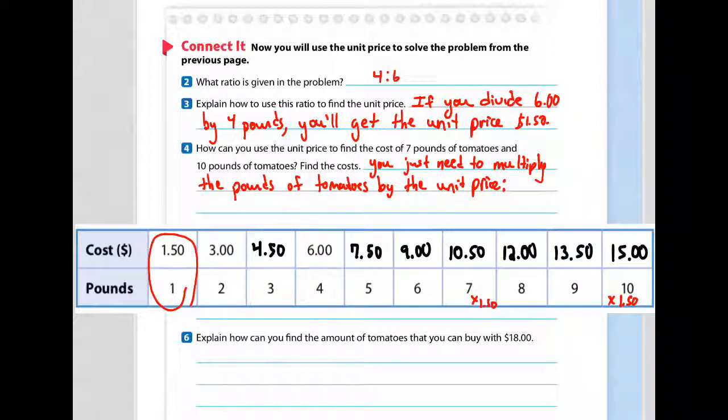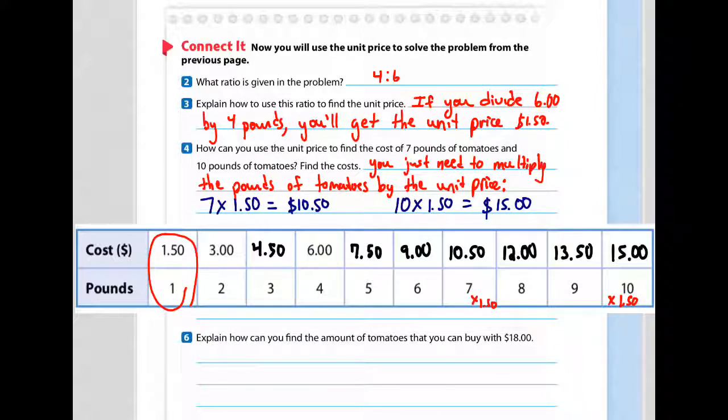And then I'm going to actually do that. I'll switch to blue to make it easier to see. So 7 times $1.50 equals $10.50. And we did 10 times the unit price of $1.50 equals $15.